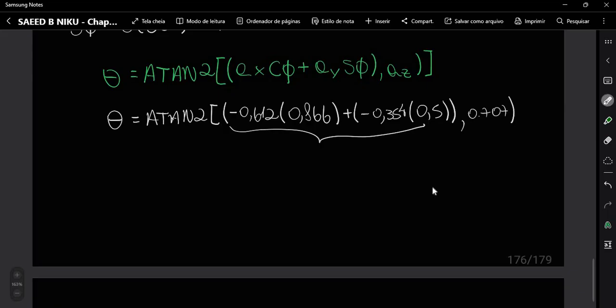So let me solve right here, which is equal to 0.707.